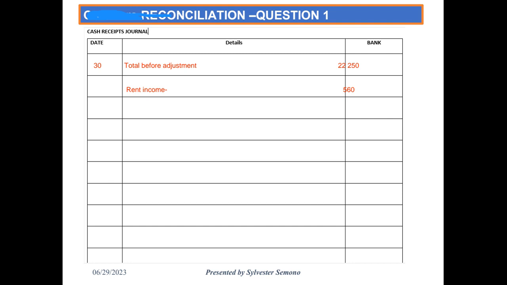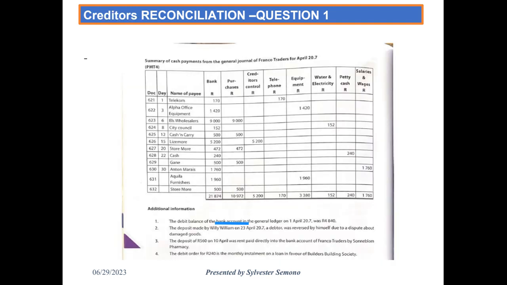Okay, let's take it further. A debit order of 240 is for the monthly installment in favor of the building society.